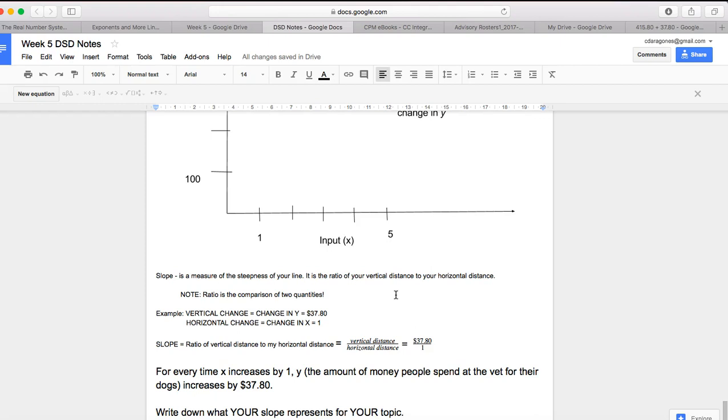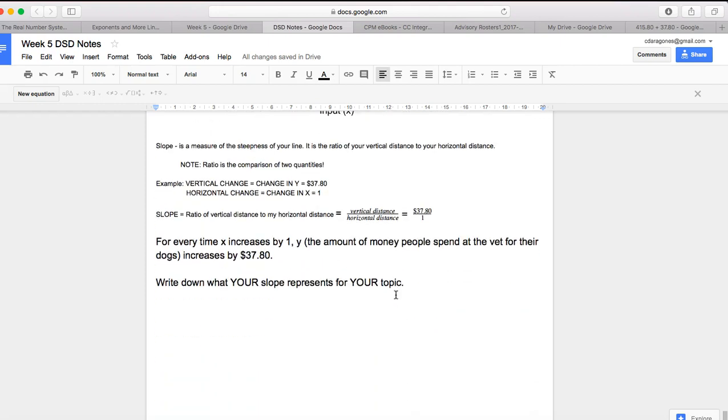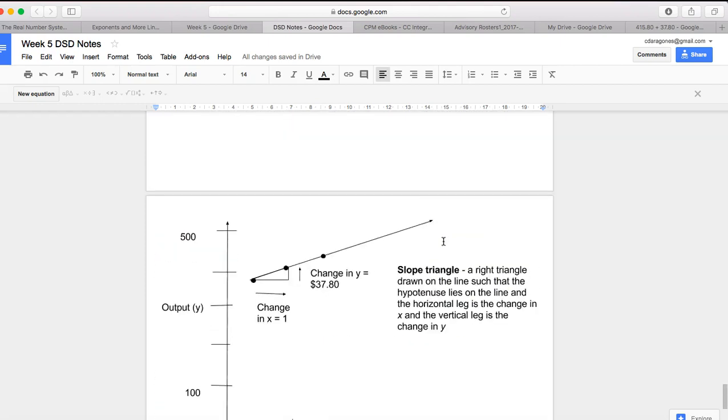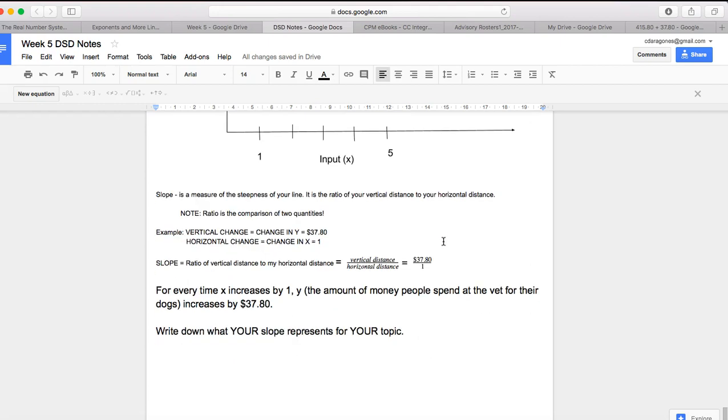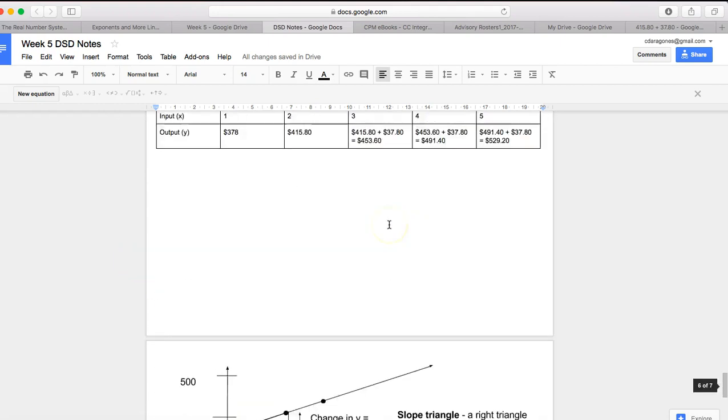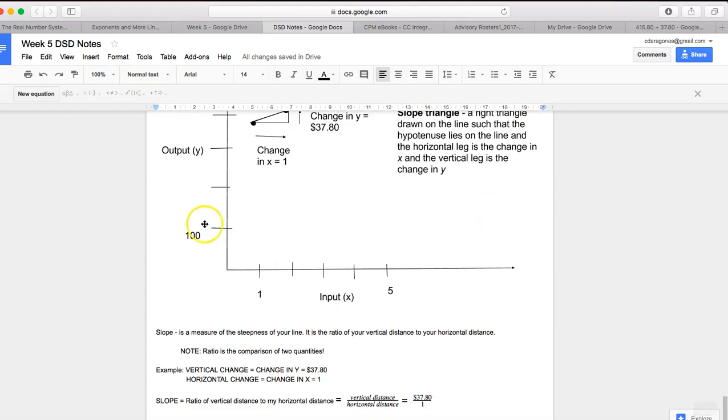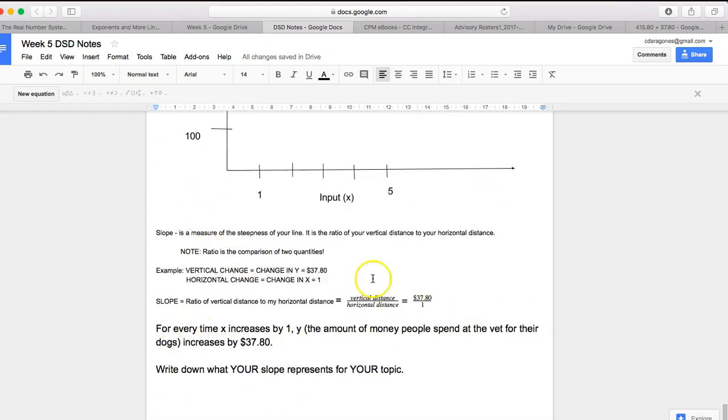I don't know, it depends on the topic you chose. Go ahead and write down your slope ratio and what it represents. When you're finished, take a photo of your graph and your notes, and then your slope. Upload it on Dreamseedo, and then move on to the next step.